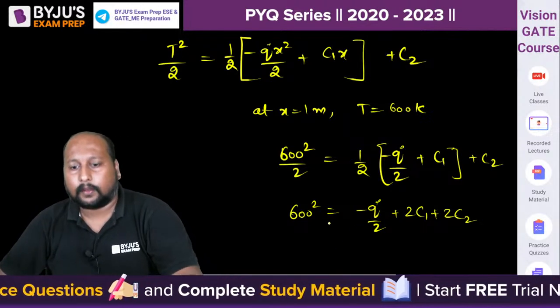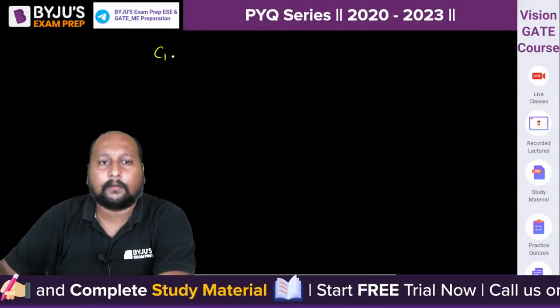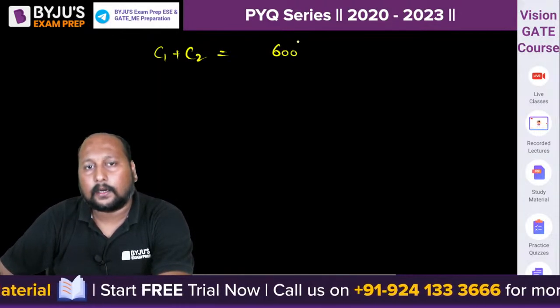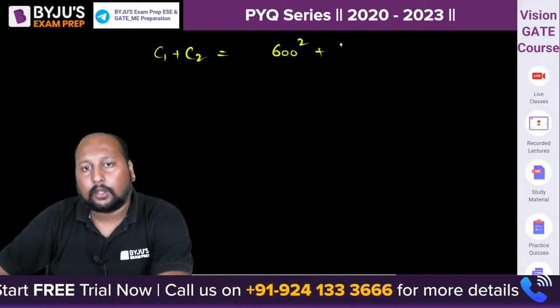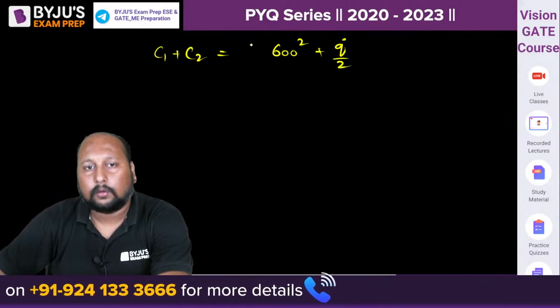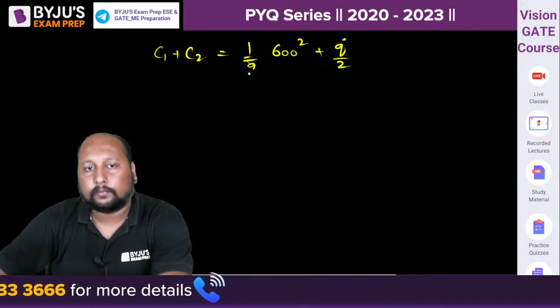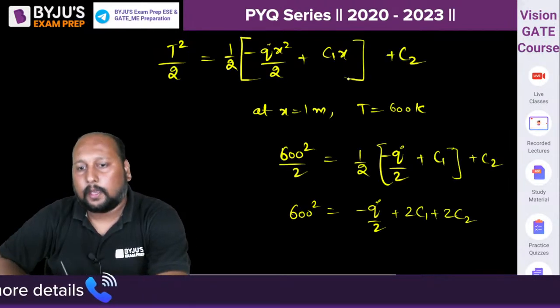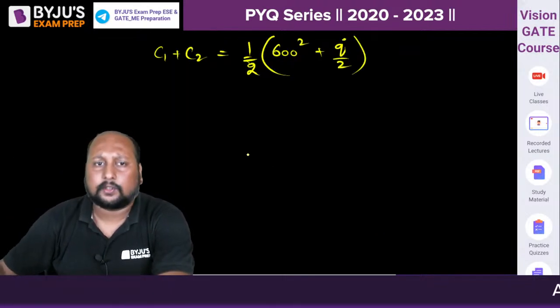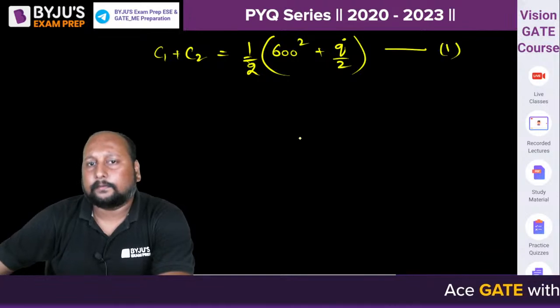So from here I can say that C1 plus C2 is equal to 600 square plus Q dot by 2, 1 by 2. Clear? We just have to rearrange this equation. This is equation number 1.